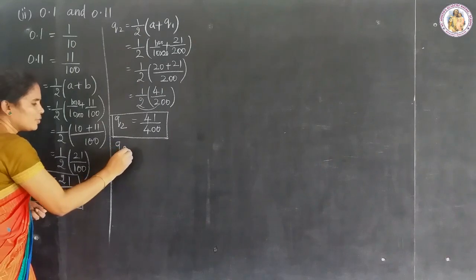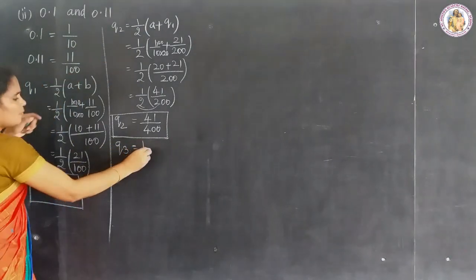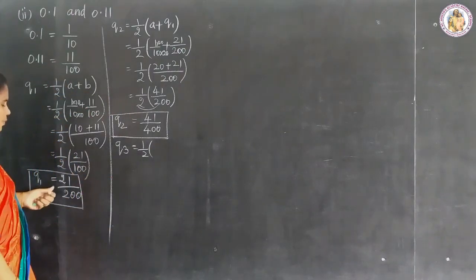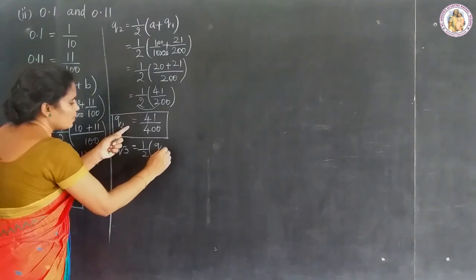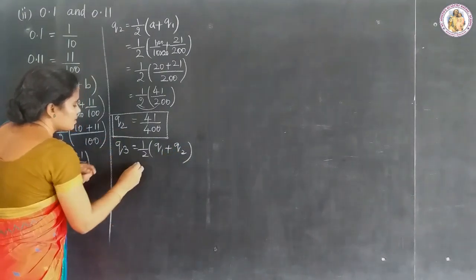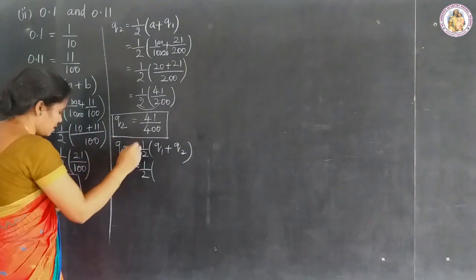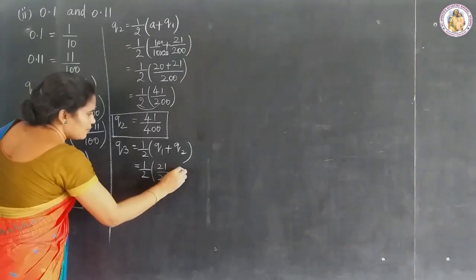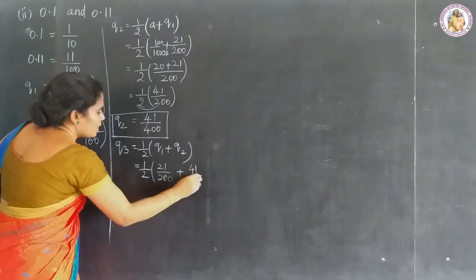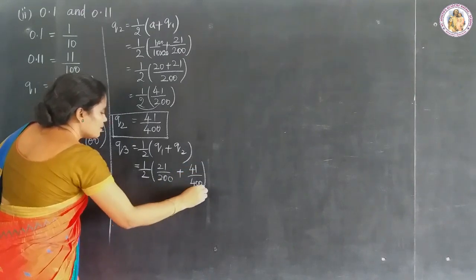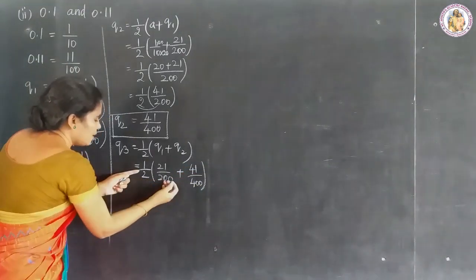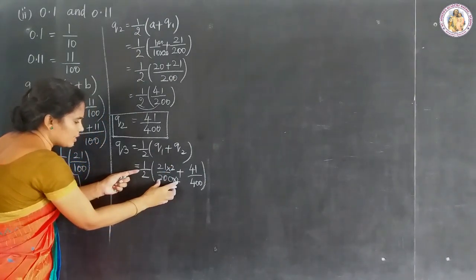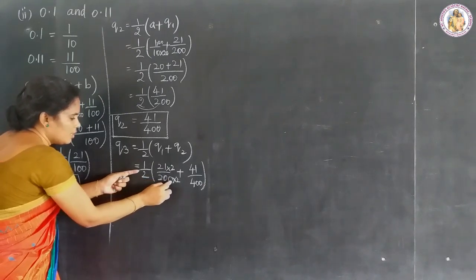Okay, now let us find Q3, 1 by 2. So either you can take Q1 as well as Q2. So Q1 plus Q2 is equal to 1 by 2. Q1 is equal to 21 by 200 plus Q2 41 by 400. Then to make even, multiply with 2 to the numerator as well as denominator, so that we get 400. 2 into 2, 4, 2 zeros.